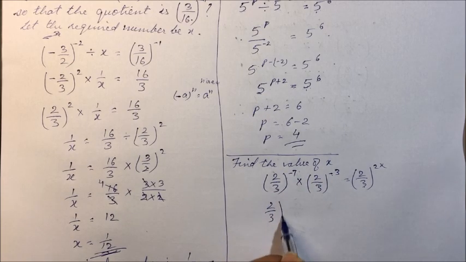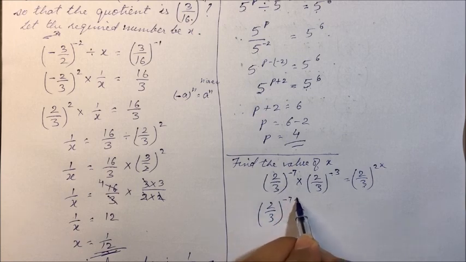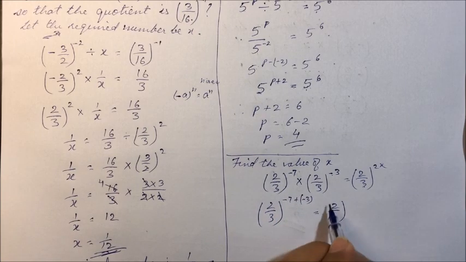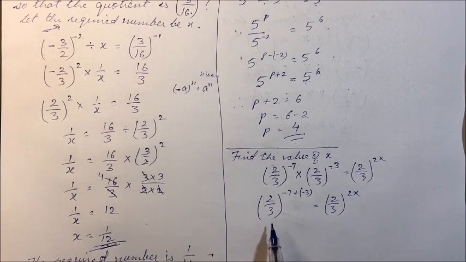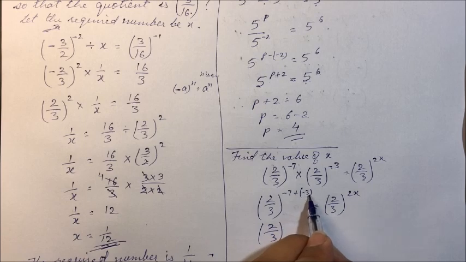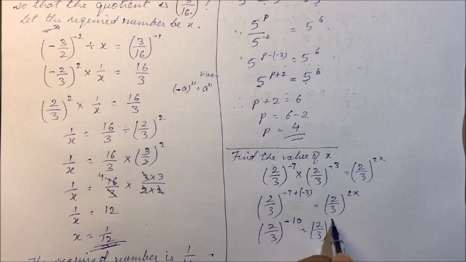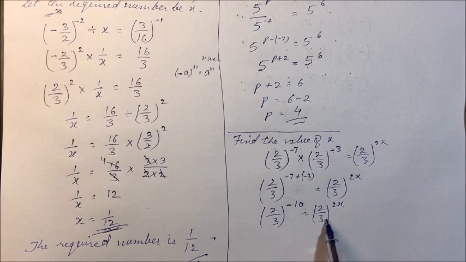(2/3) whole raised to power minus 7 plus minus 3 equals (2/3) raised to power 2x. (2/3) whole raised to power minus 7 plus minus 3, it is minus 10, equals (2/3) raised to power 2x. On both sides the bases are same, therefore for this equal sign the powers must be same.